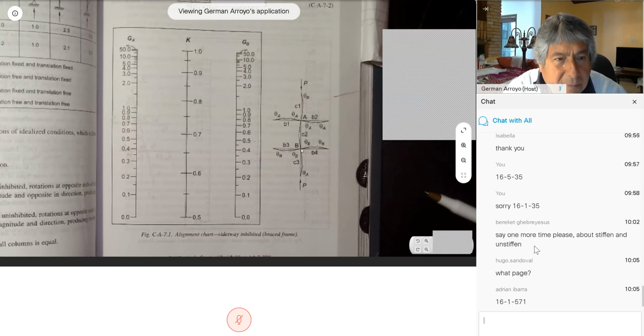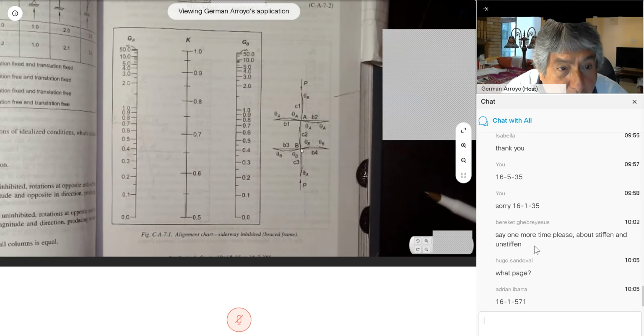There's no delta. So the way you find the K, look, K goes from 0.5 to 1, never larger than 1 for a braced frame. And you can see in here we had a column, girder.